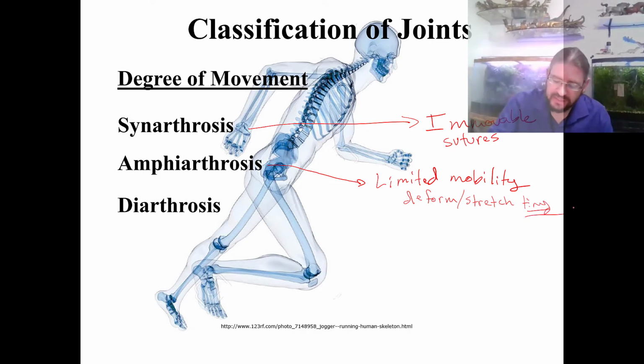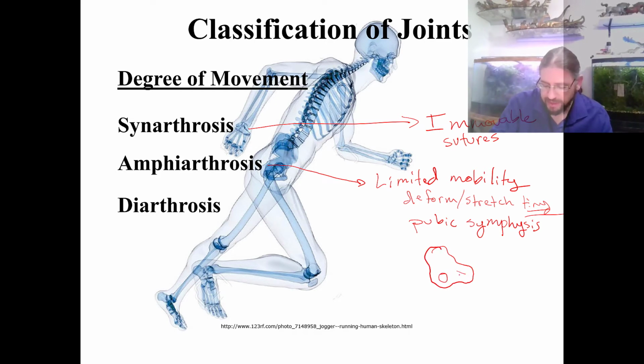So for instance, the pubic symphysis, which is the fibrocartilage, right? So there's your pubic bone, as best as I can draw it. So there we go.